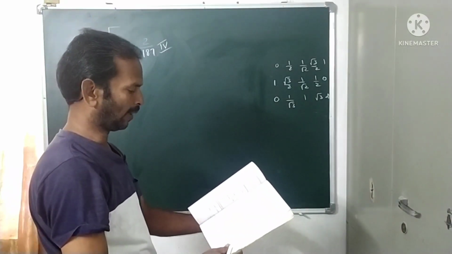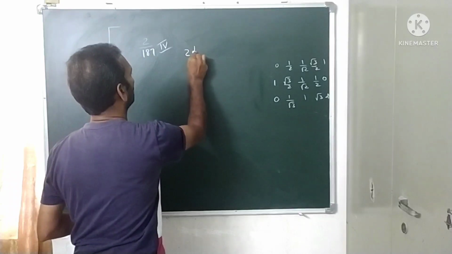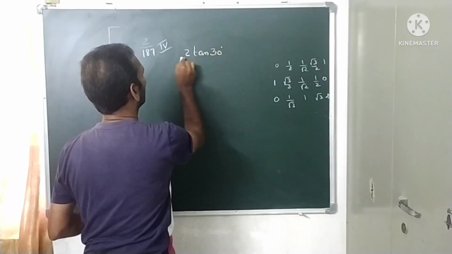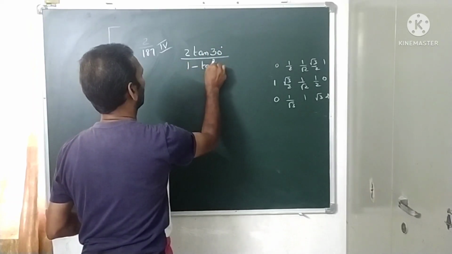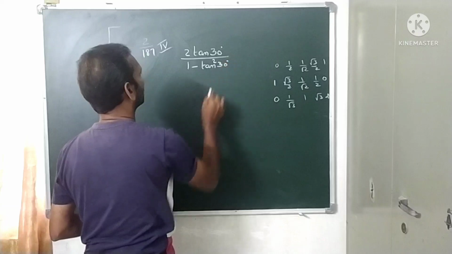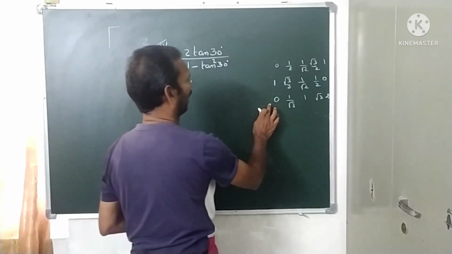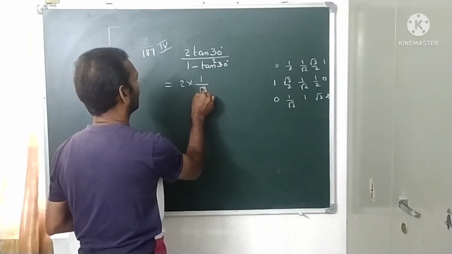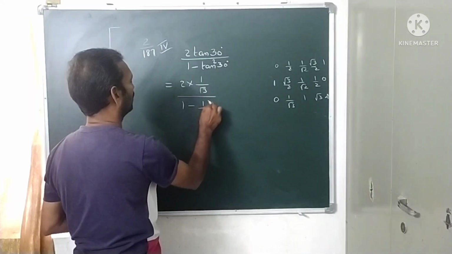2 tan 30 degrees by 1 minus tan square 30 degrees. 2 into tan 30, tan 30 is 1 by root 3, by 1 minus 1 by root 3 whole square.